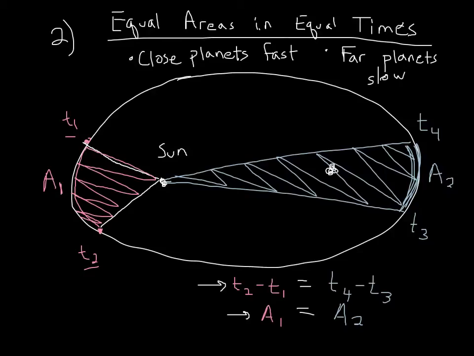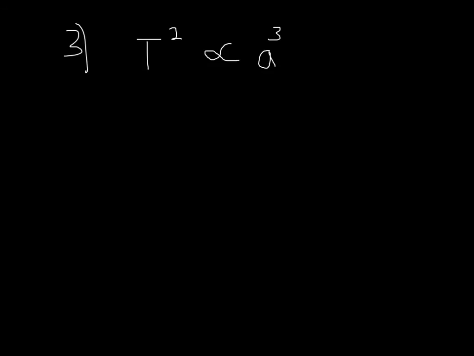But does this make sense with Kepler's third law? Kepler's third law tells us that period squared, the time it takes to orbit, is proportional to the semi-major axis cubed, to a big distance. So if A is big, that means T has to be big.